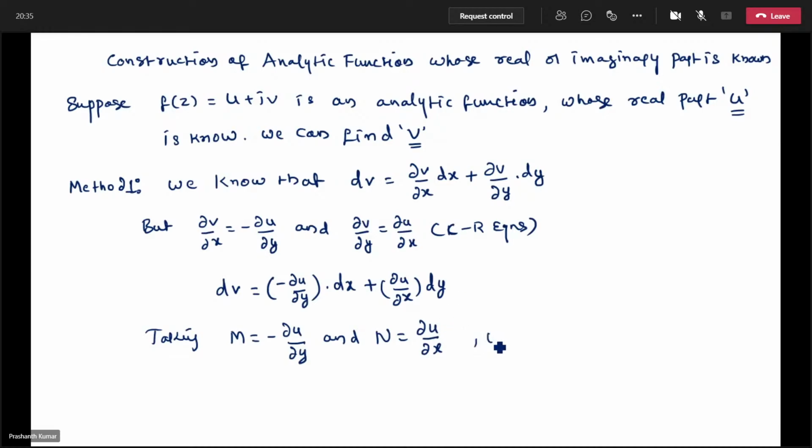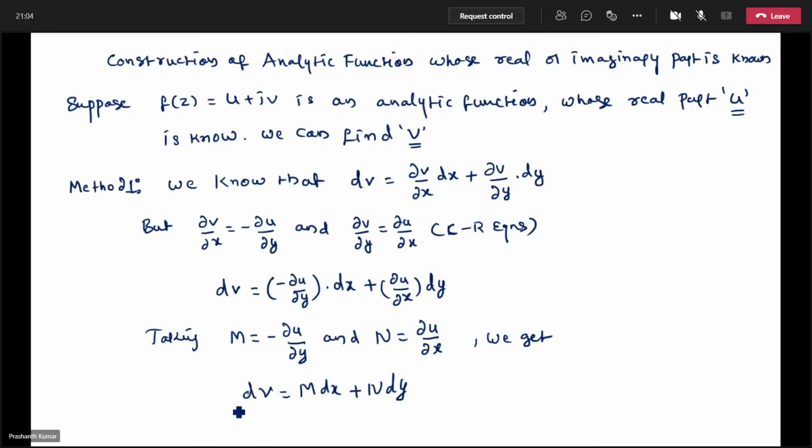So from this, dv is equal to m dx plus n dy. Now m dx plus n dy equal to dv is an exact differential. Then dv is directly integrable.